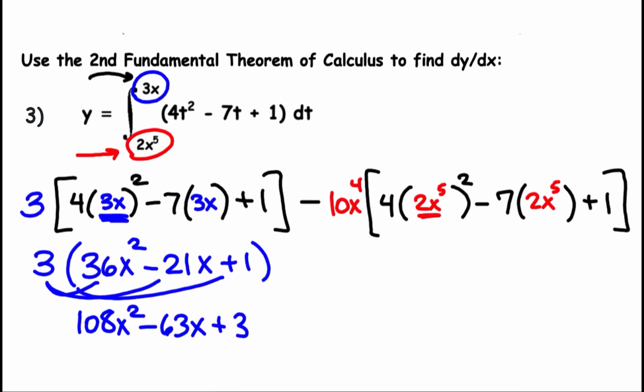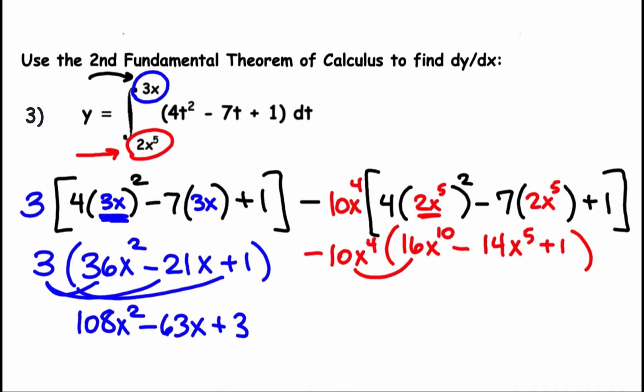2x to the 5th times 2x to the 5th is 4x to the 10th times 4 is 16x to the 10th, minus 14x to the fifth plus 1. That's being multiplied by, I'm going to call it negative 10x to the fourth. That's going to change the sign, so we're going to have negative 160x to the 14th.